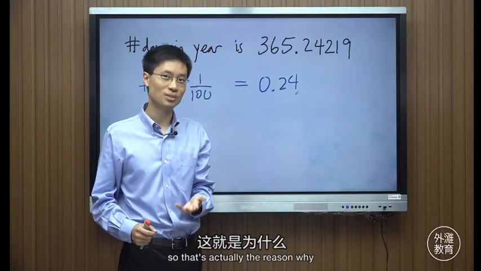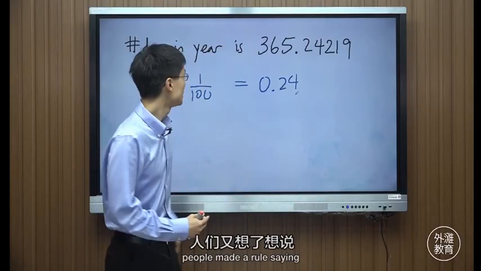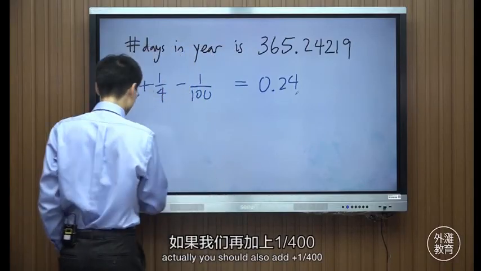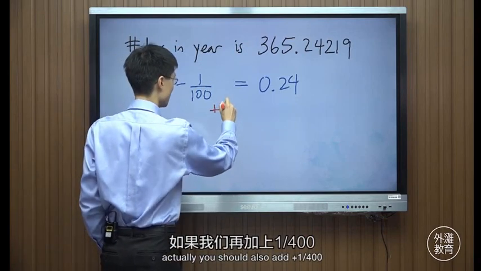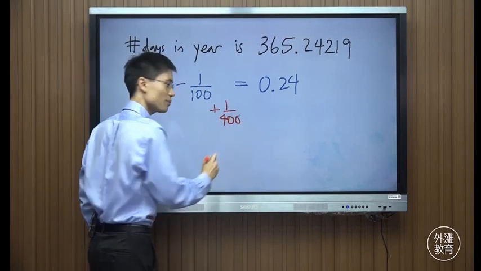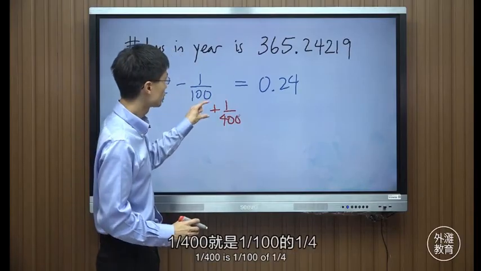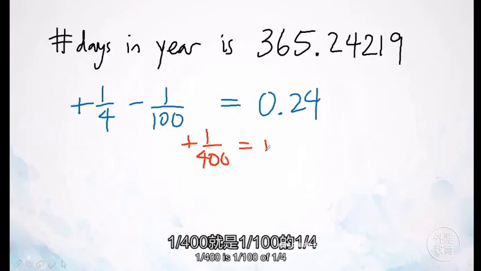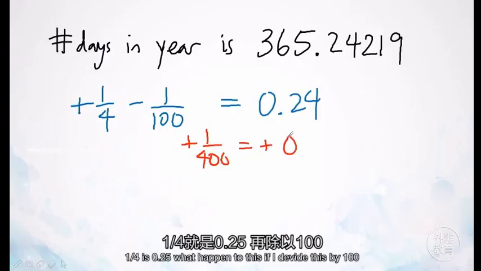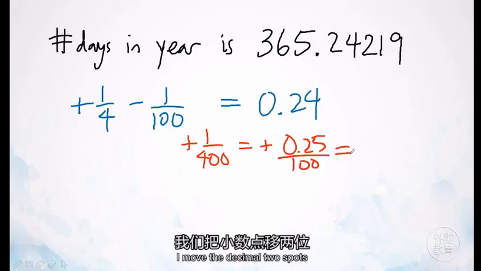So that's actually the reason why people made a rule saying you should also add plus 1/400. What is 1/400? An easy way to see this is 1 over 400 is 1/100th of 1/4. 1/4 is 0.25. What happens when I divide this by 100? I move the decimal 2 spots.